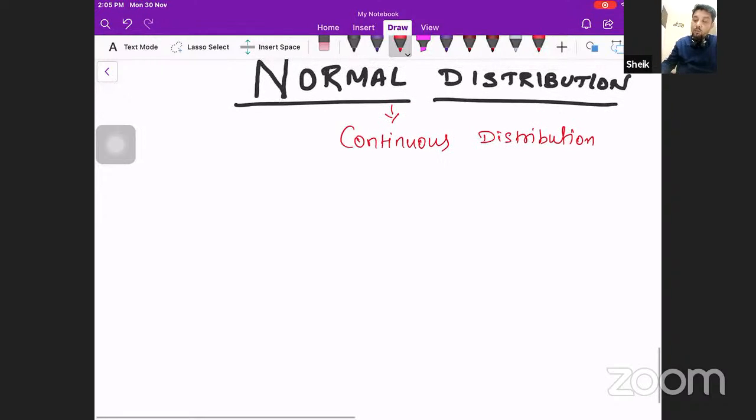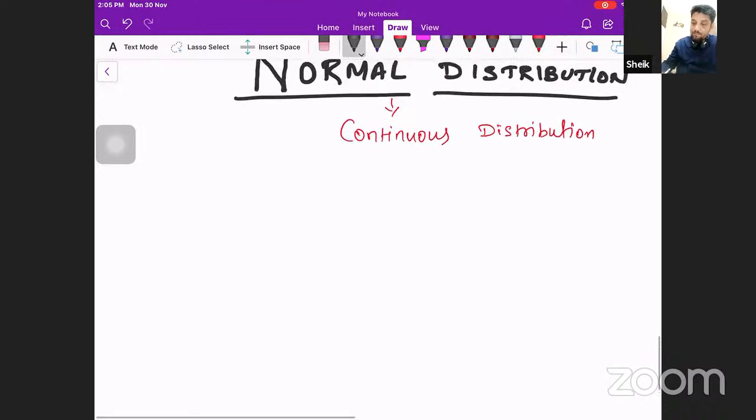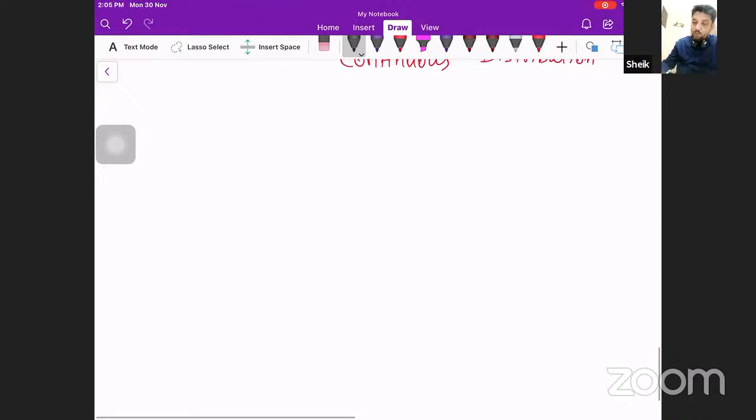Now, when you want to learn about the normal distribution, the very important thing we have to do is to know about the bell diagram. I hope you copied this. We should know about the bell diagram.